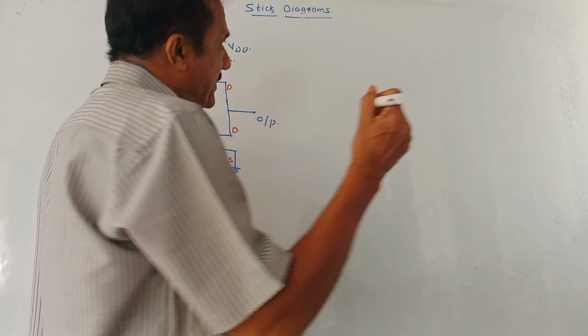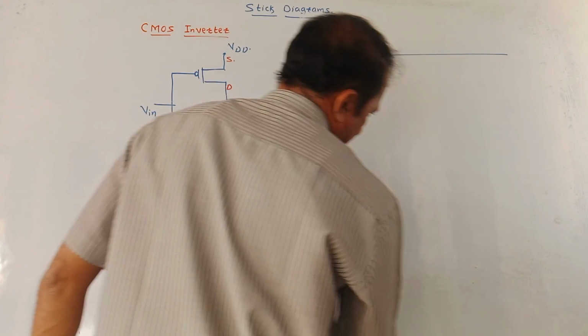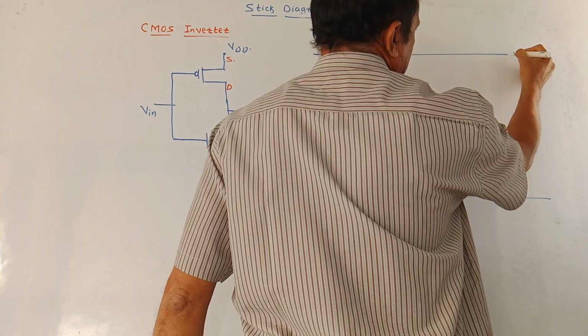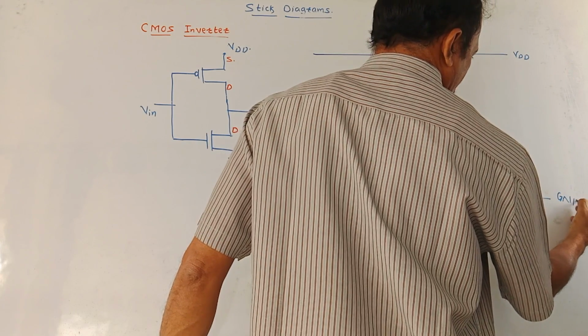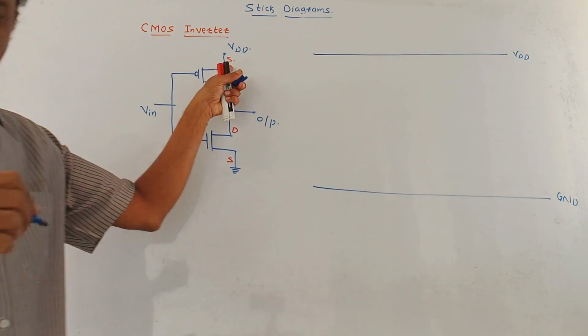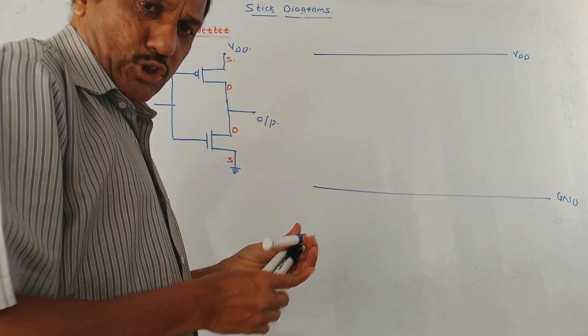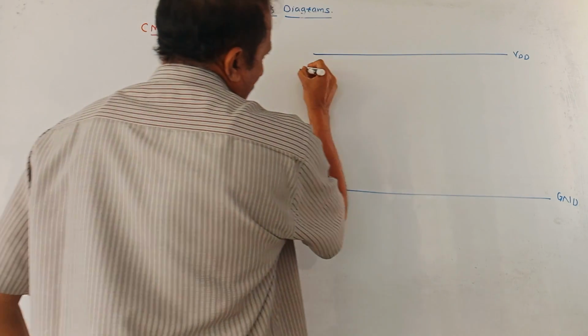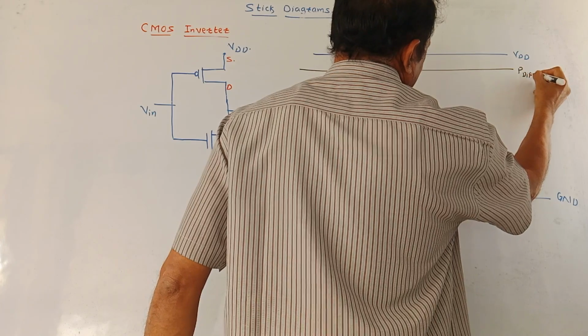Now, how to draw the stick diagram? Initially, mark two horizontal lines. The upper horizontal line is VDD, the lower horizontal line is ground. Then there are two MOSFETs, a P MOSFET and an N MOSFET. For the P MOSFET, draw one horizontal line and call it the P diffusion layer.